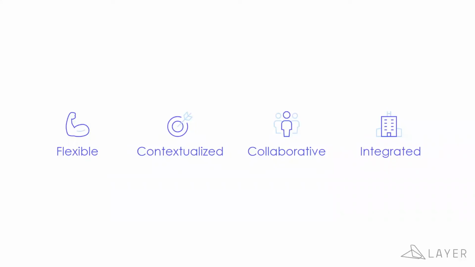So as you are collecting data, it's best if you have a platform in which you can collect data in a flexible way. You can modify the types of data or select how that data is actually recorded. We've also found it's extremely important, and this might be really the most important aspect of field data, that it needs to be contextualized.